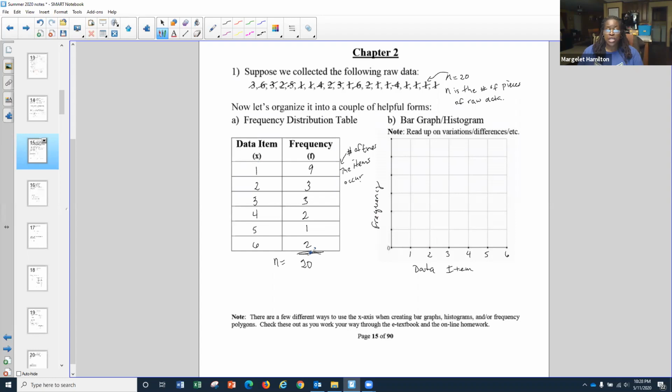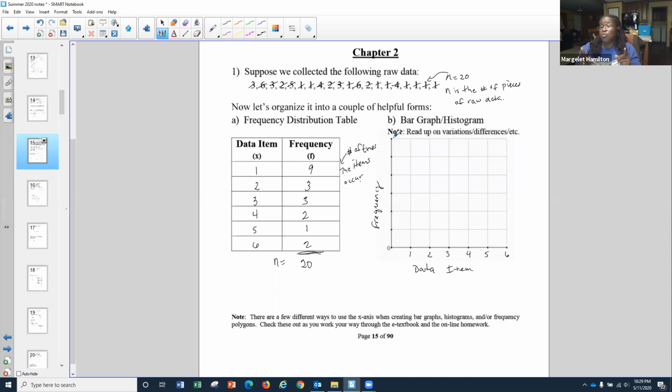And for our frequency, you notice that the highest number is 9. But if you look at our graph, we only have 6 lines. So we can't label it 1 through 6, because then our 9 is going to be off the chart. So here we can negotiate. In your homework, make sure you're paying attention to how they're labeling it, because they can label it by 2s or 4s or 10s.